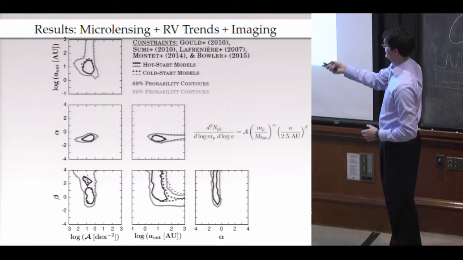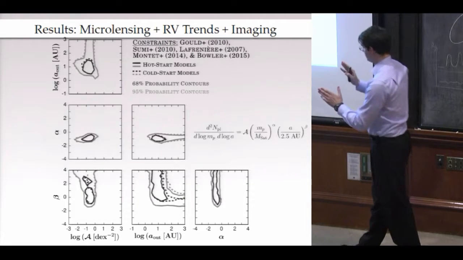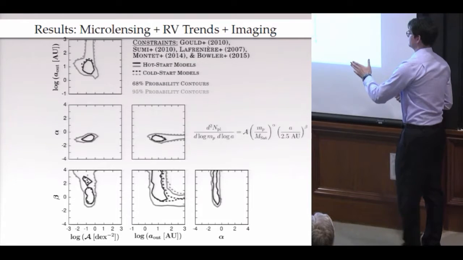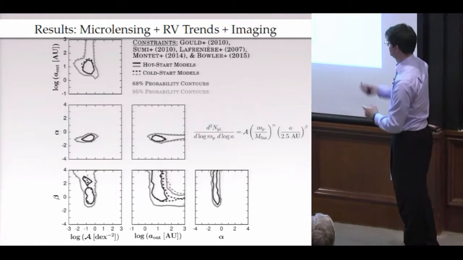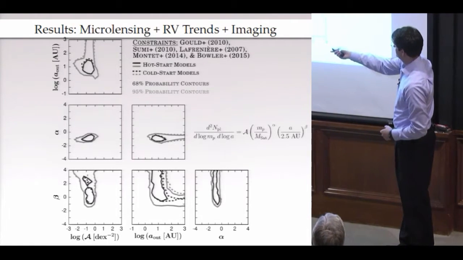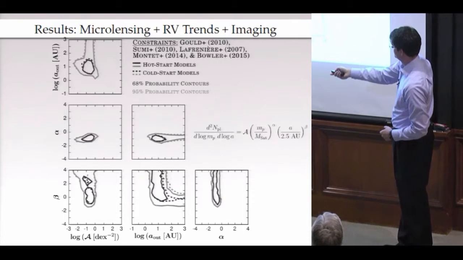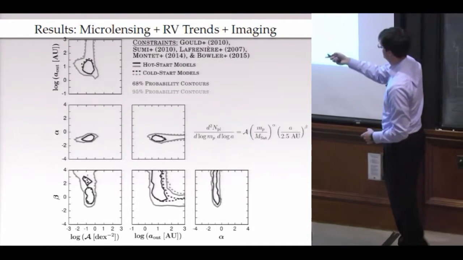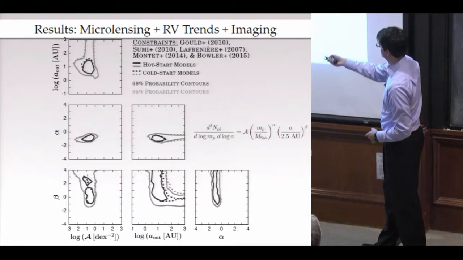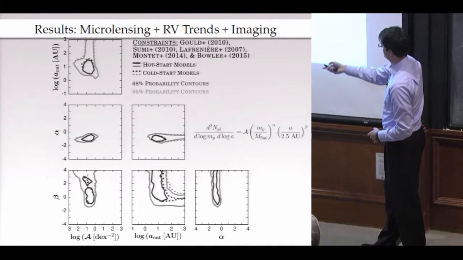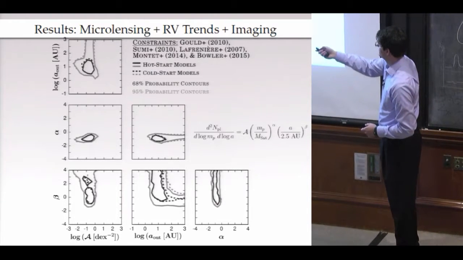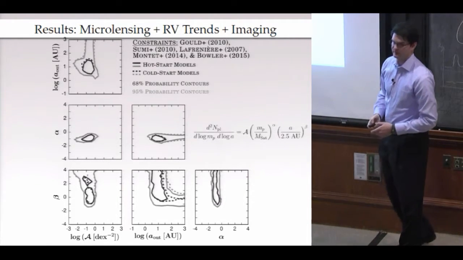Now, you can't actually put an upper limit on the value of beta from radial velocities. So this is where direct imaging starts to kick in. If you look at this contour here, this is the outer cutoff radius of the separation function and its slope. You'll notice that for separations less than about 13 or 15 AU, you can have any value of your separation distribution slope that you want.